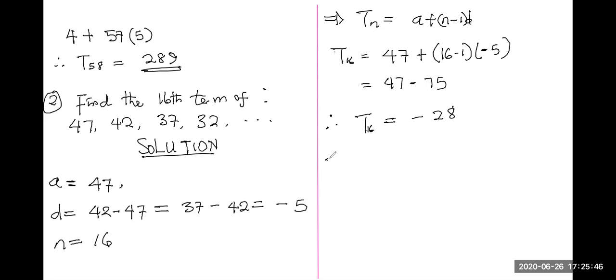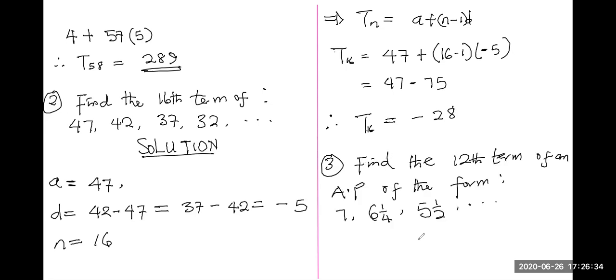The third example. Notice that the first example we took was an increasing set of numbers, the second example is a decreasing set of numbers, and the third example we want to look at involves fractions. So is it an AP or a GP or none of the above? We shall find out.